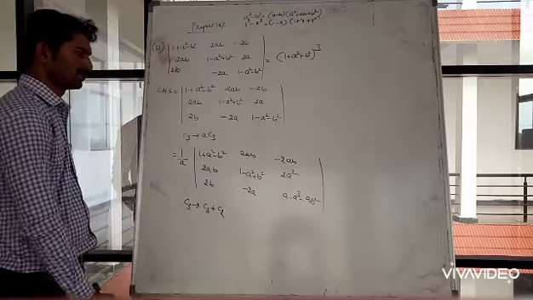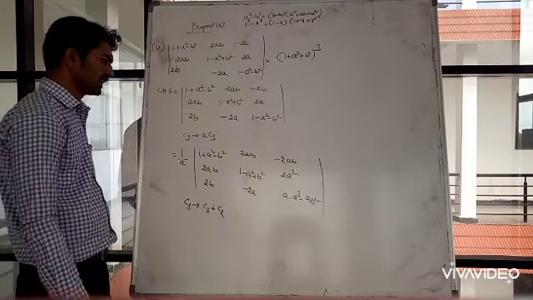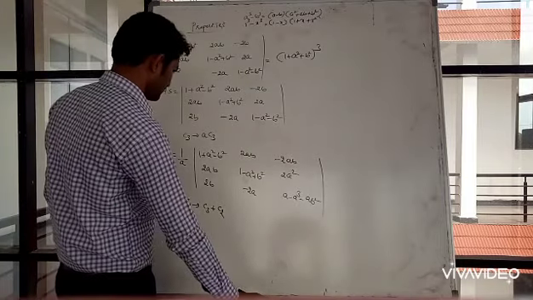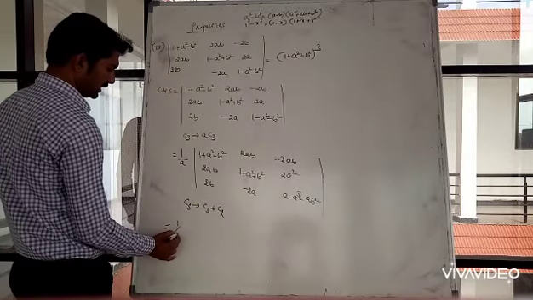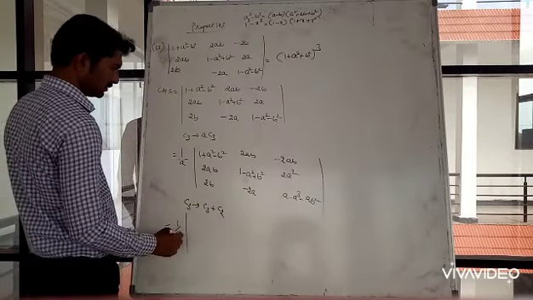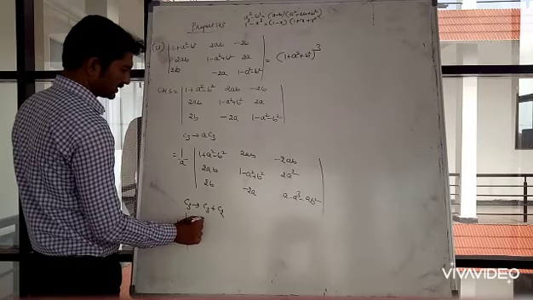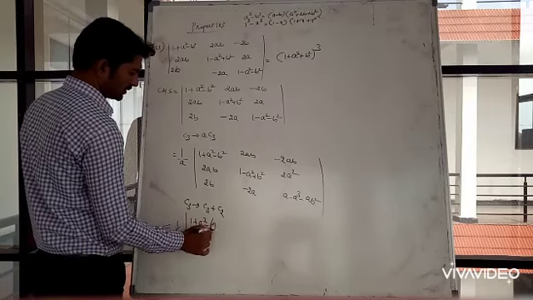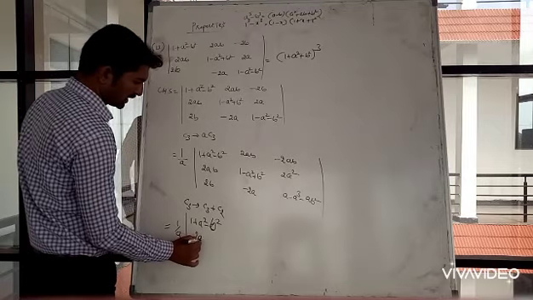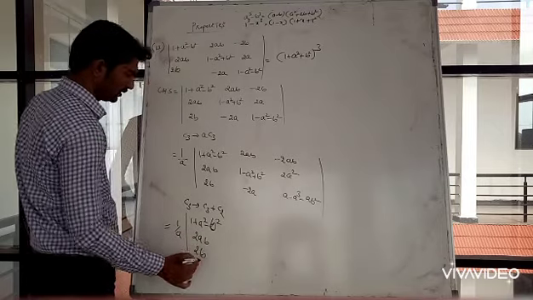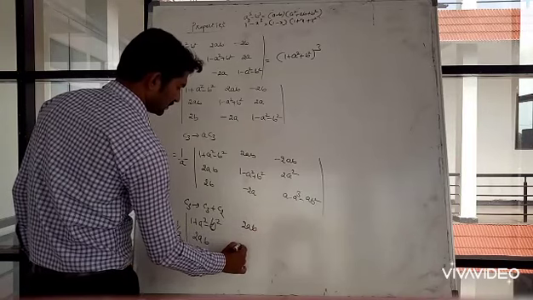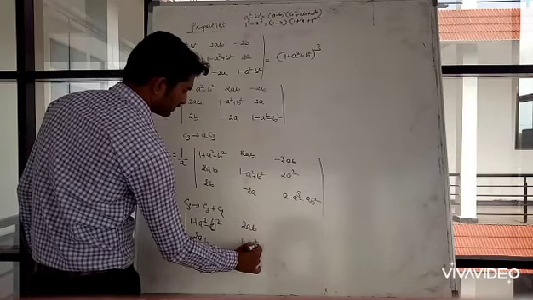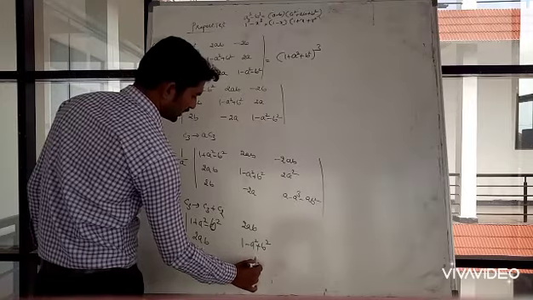Adding these two, what we get is equal to 1 by a determinant, first column as it is, minus b square, 2ab, then 2b, here 2ab, 1 minus a square plus b square, minus 2a.